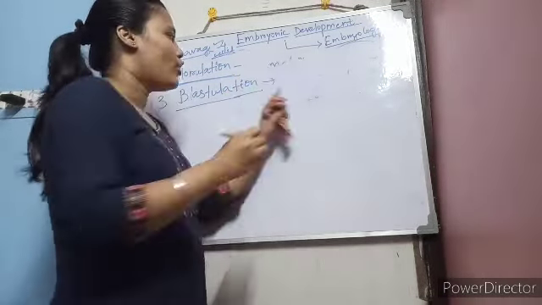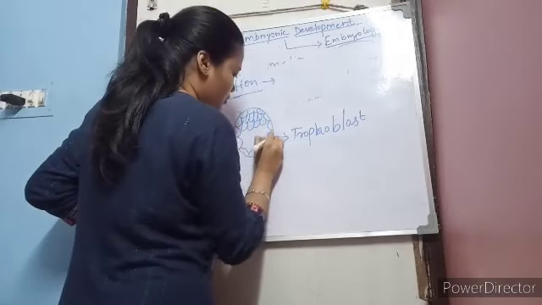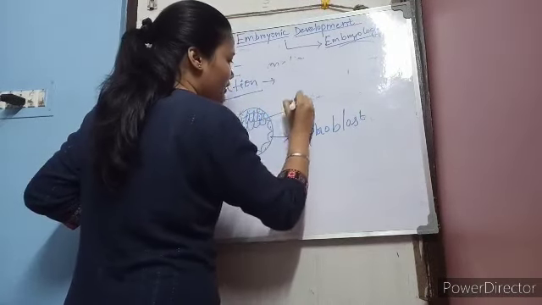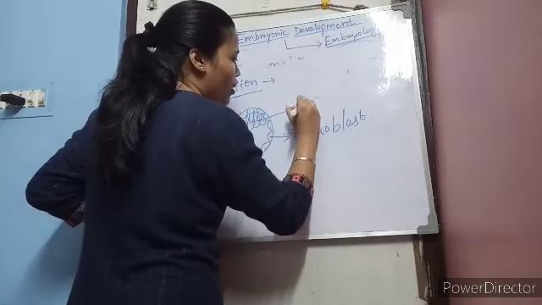So if this is a cell, the outer cells are arranged properly, and this outer cell we now call the trophoblast, and inside there are cells that we call the inner cell mass.